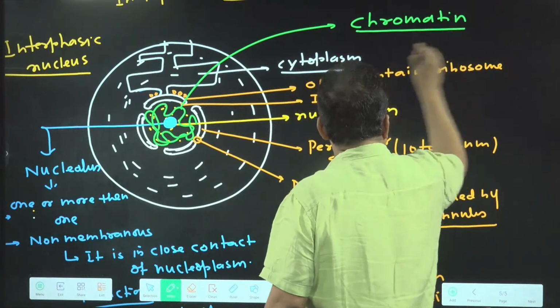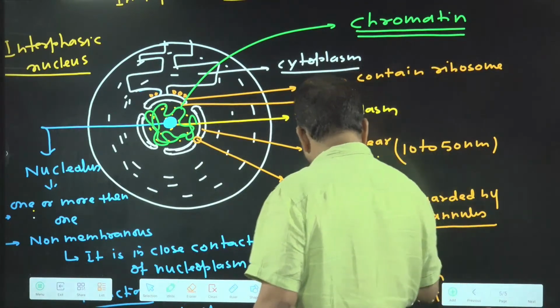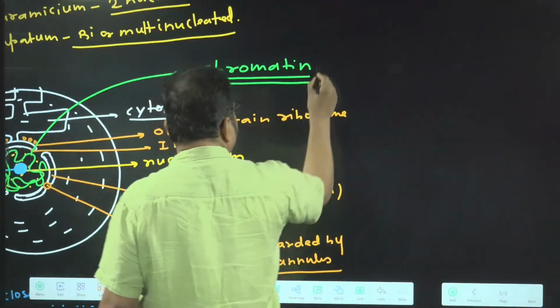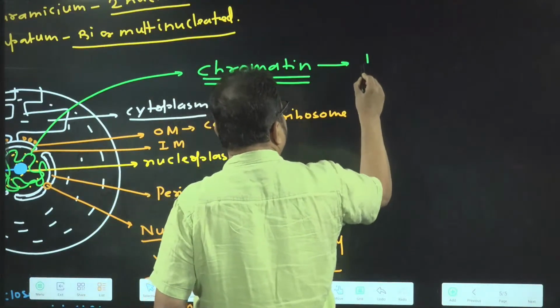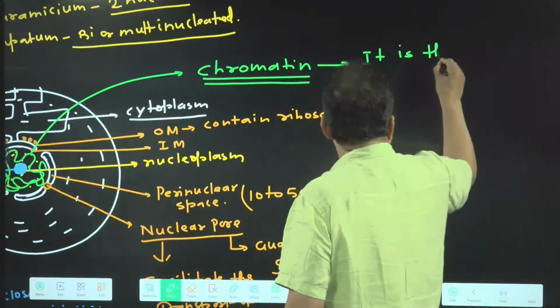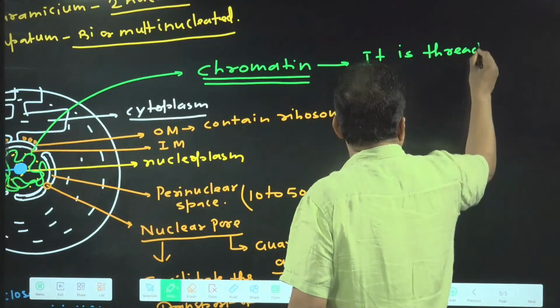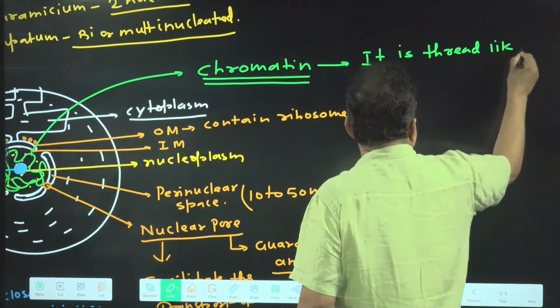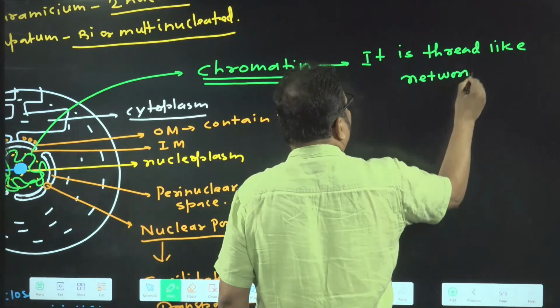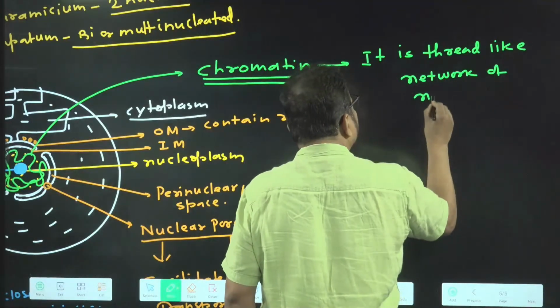Chromatin. Got the idea? What is this chromatin? Let me write about it here. It is a thread-like network of nucleoprotein.